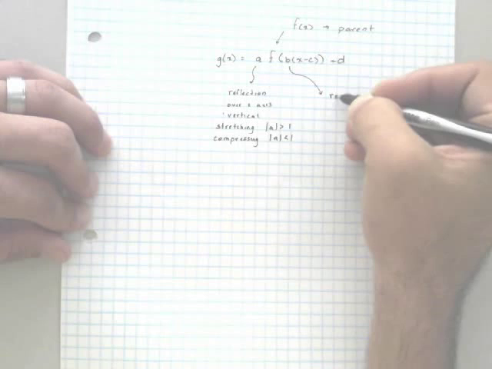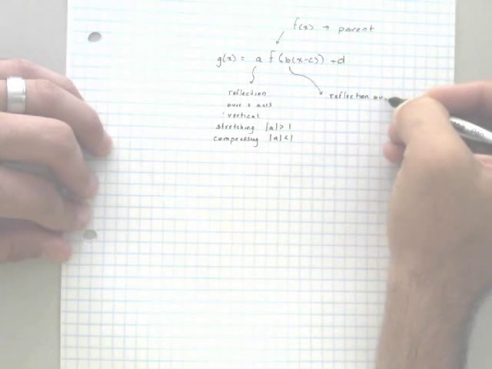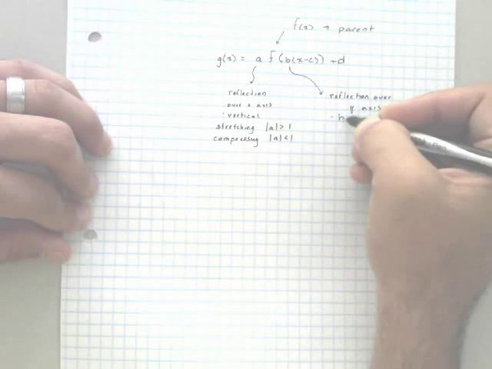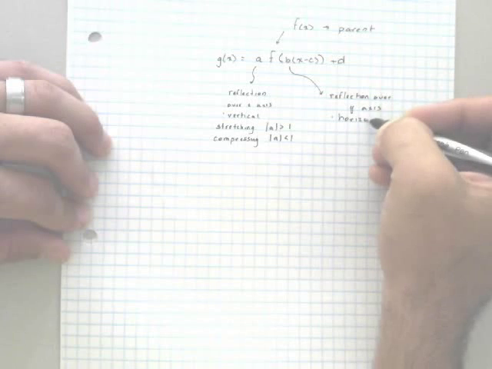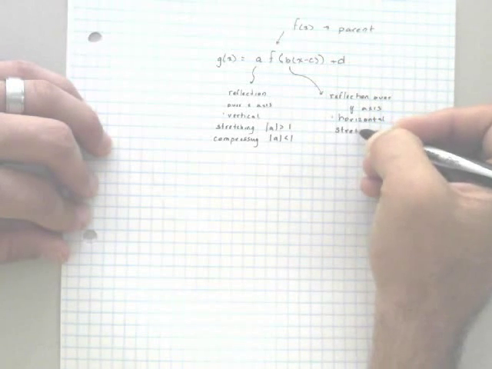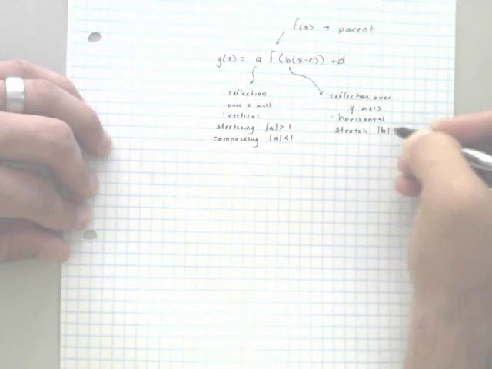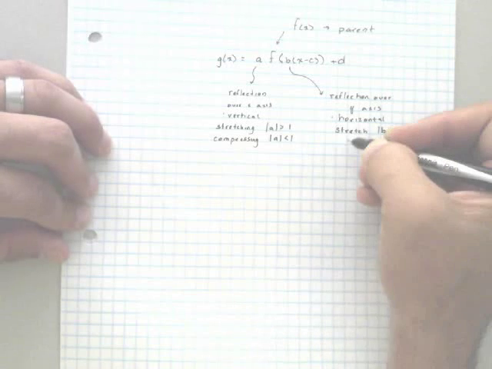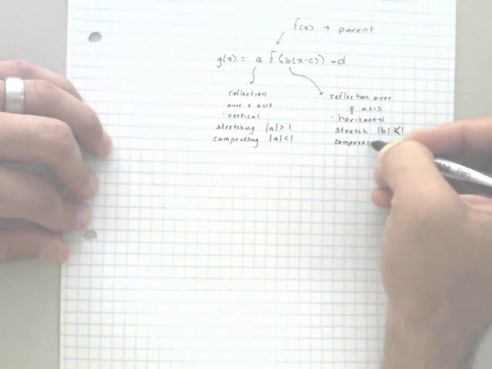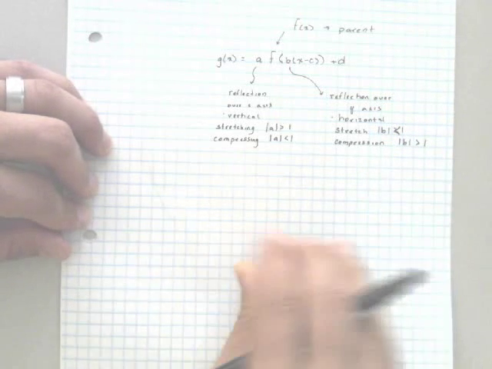Similarly, b is responsible for a reflection over the y-axis, and this time we're looking at a horizontal stretch when b is less than 1, and we're looking for a compression when b is greater than 1.